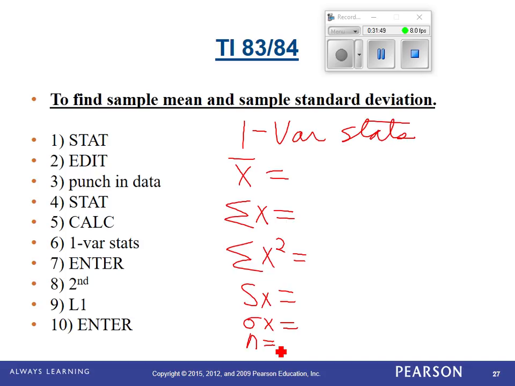You can actually go on down. If you push your down arrow, then it's got min x, Q1, MED, Q3, max x.